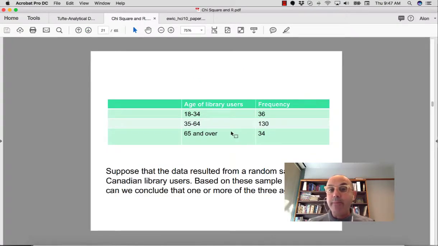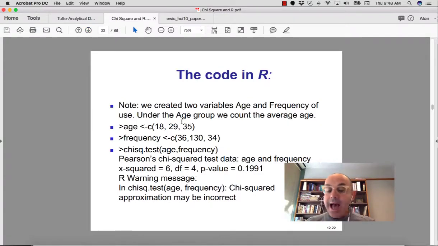So, age of library users, frequencies, and we suppose that the result of a random sample of 200 will give us the following example. Based on those samples, can we calculate one or more of the three age groups that we have here: 18 to 34, 35 to 64, and 65 and over.